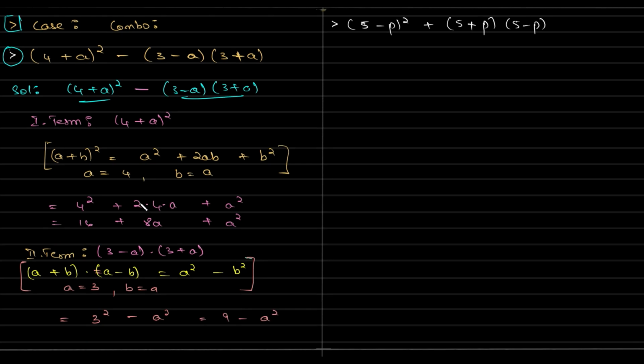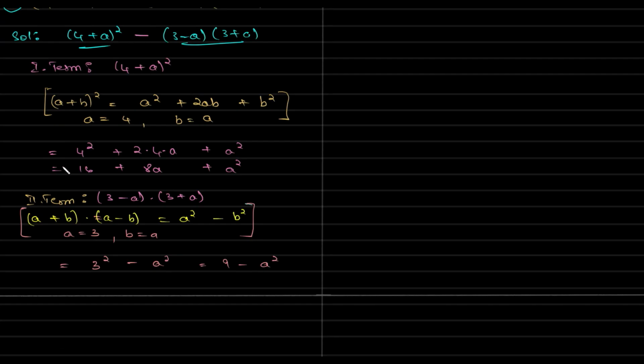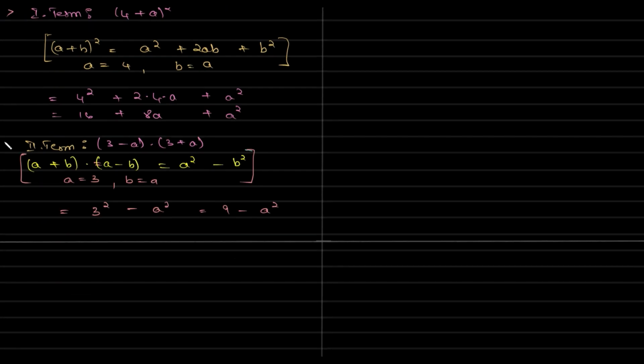Okay, so now the answer is first term minus the second term, is it not? That's the question. So now we did this part by part, so let's write first term minus second term, right? The subtraction between them. So copy the first term.